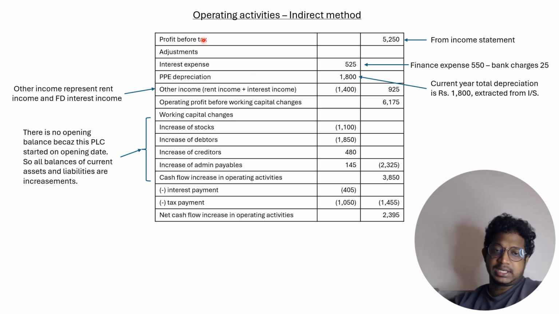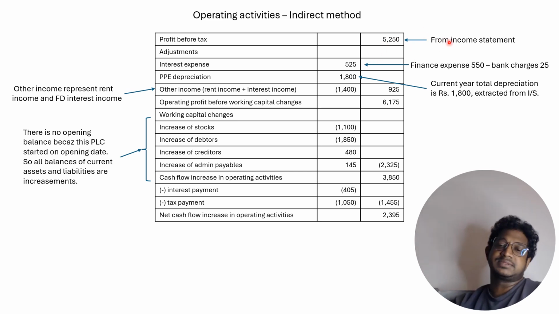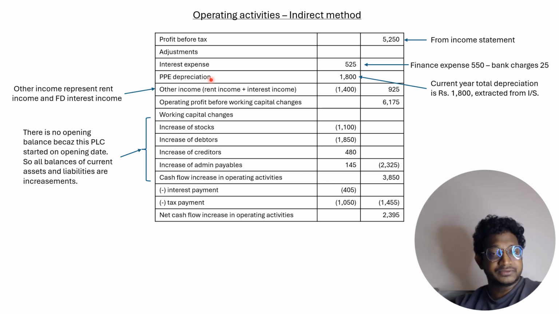So when you're finding the operating activities on the indirect method, the base that you can use is profit before tax, 5,250, that appears in the income statement. For that, you have to adjust the non-cash expenses, non-cash incomes and the transactions that are not relevant for your operating activities. So here, the first thing I add is interest expense.